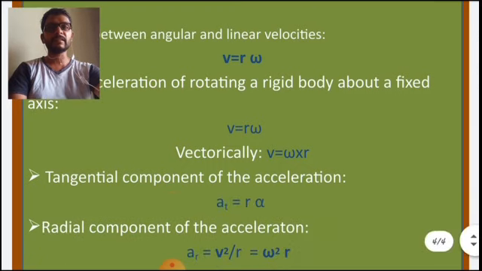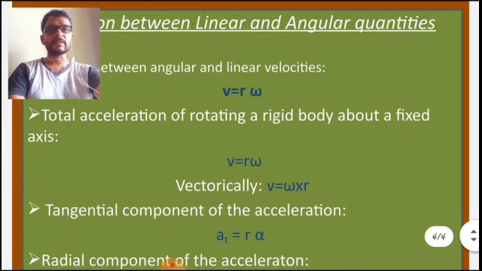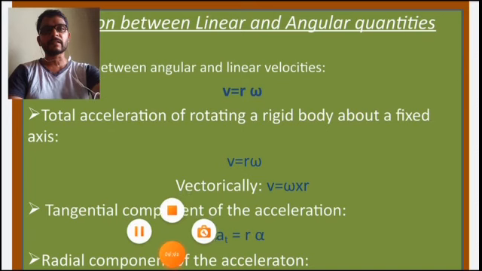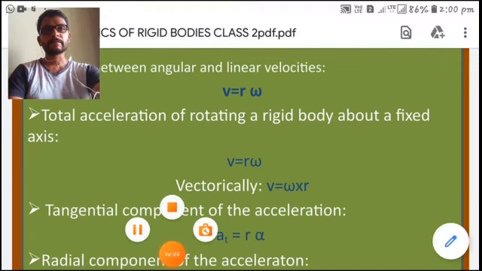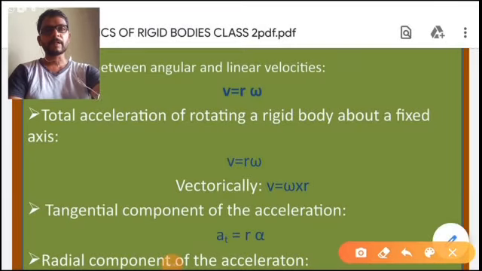Next, total acceleration of a rigid body rotating about a fixed axis. See here in this equation, let us take a sketch there. Okay.